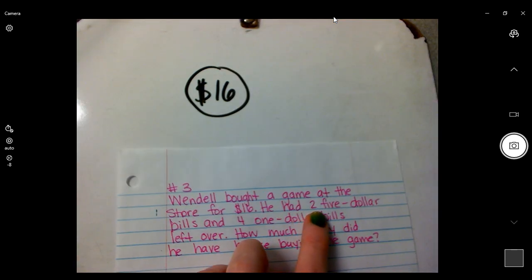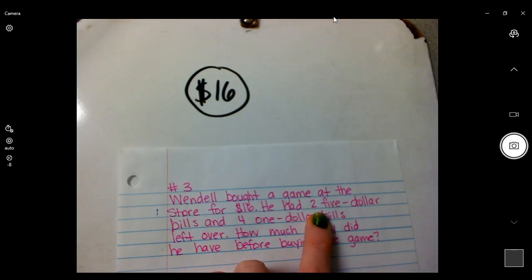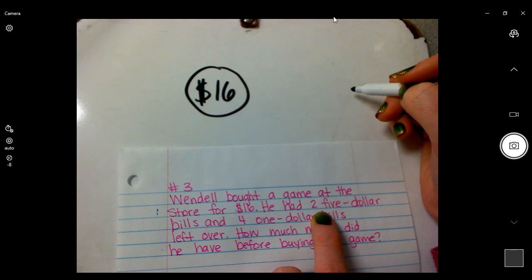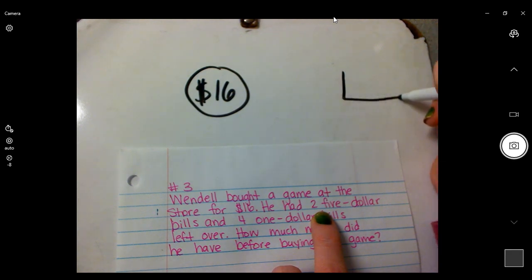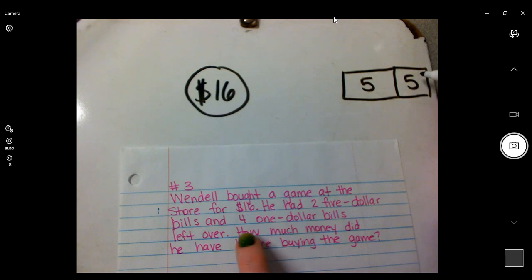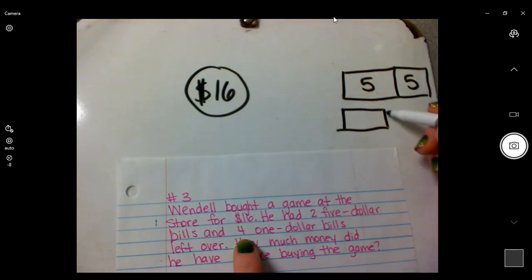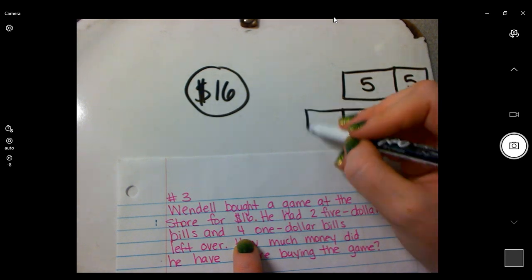And he had 2 5s and 4 1s. I'm going to draw a picture here to help me visualize what is 2 5s. We're talking about dollars. 1 5, 2 5s, and 4 1s. 1, 2, 3, 4.